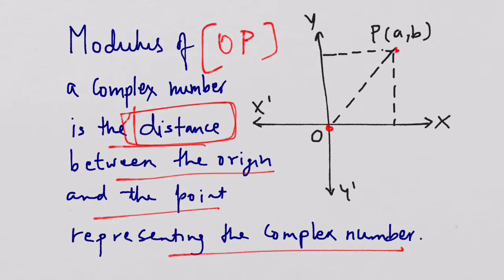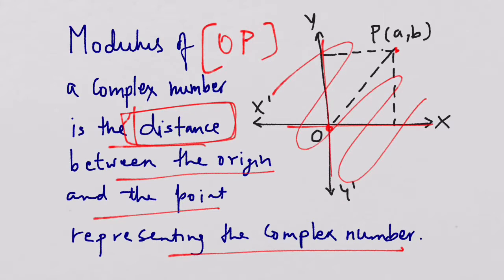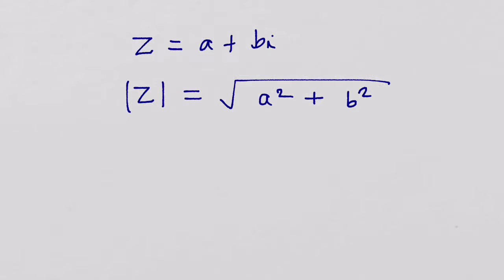Now let's see how it happens. P is a point (A, B), and this point is representing a complex number in the Argand plane. This is the Argand plane. It has x-axis and y-axis. This is the real axis, and this is the imaginary axis.